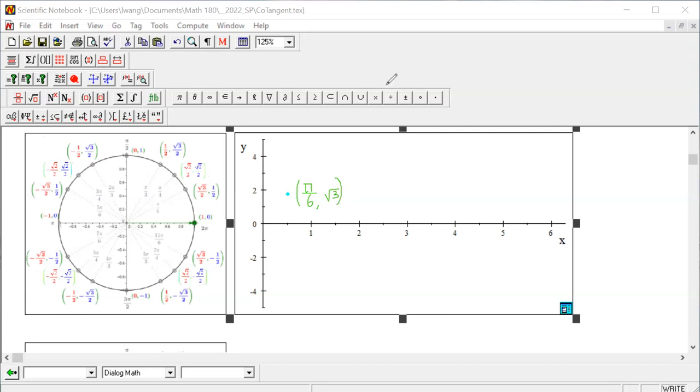And what is the meaning? The meaning, once again, is the same. Pi over 6 is the horizontal distance from the origin, right here. And the √3, we're going to use that light blue right here. That's √3.